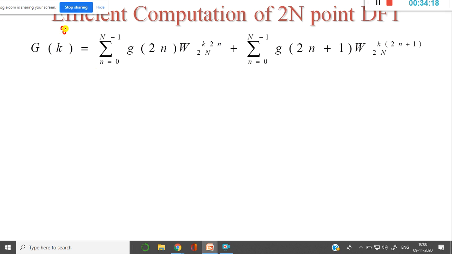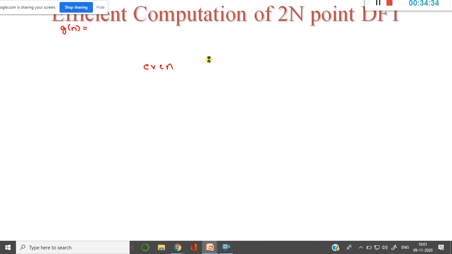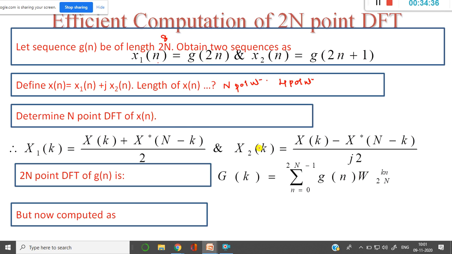Coming to this point, g of k, if you observe g of n, we told you that we need to divide this in the form of odd and even sequences. So if it is divided into even and odd sequences, this is how we try to write the equation, right? So I hope till this point, the point is very clear. Obtaining the x1 and x2 of k. So this point is clear.